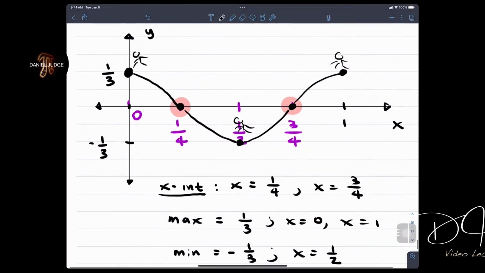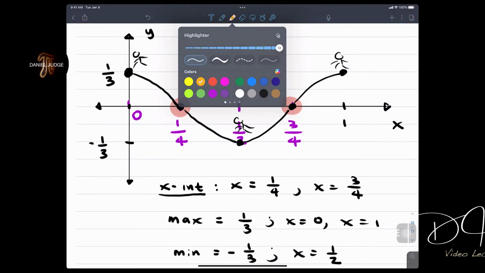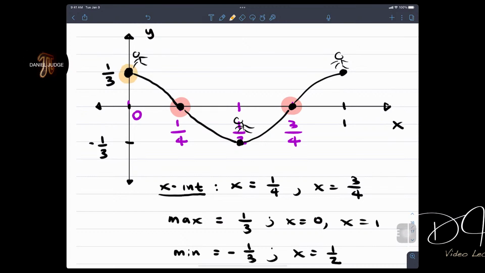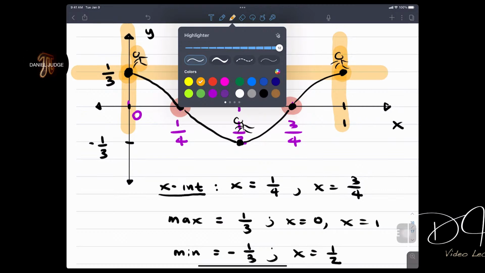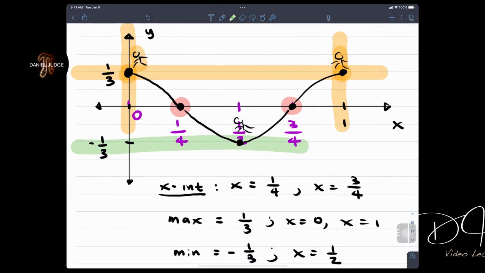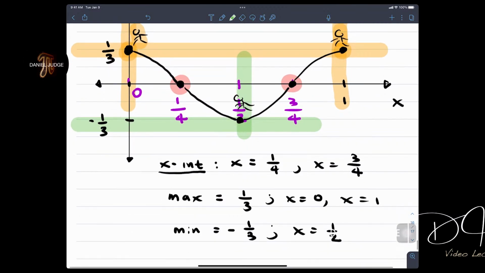So ladies and gentlemen, again, like before, this is where you have the 2 locations for the maximum value, and it happens at 0 and at 1. And again, you have the minimum value of the function being negative 1/3, and that happens when x is 1/2.